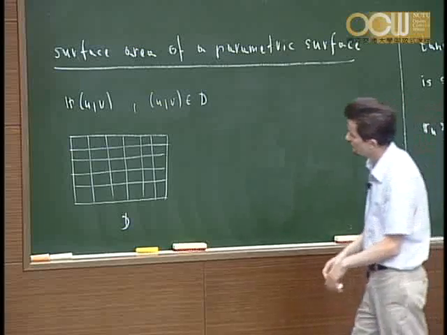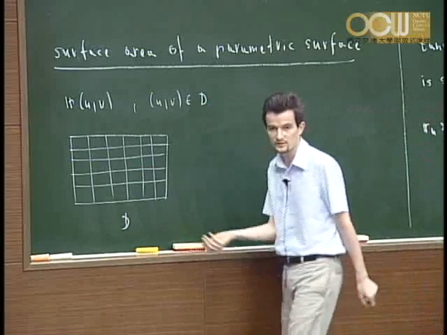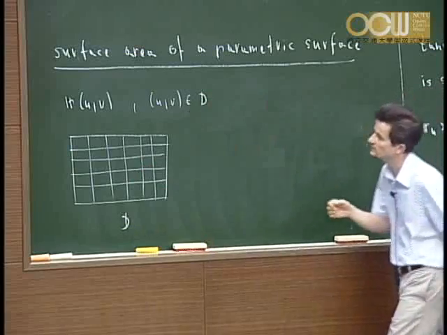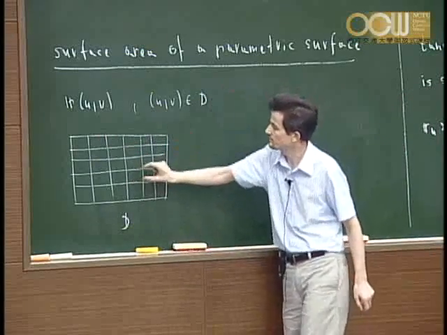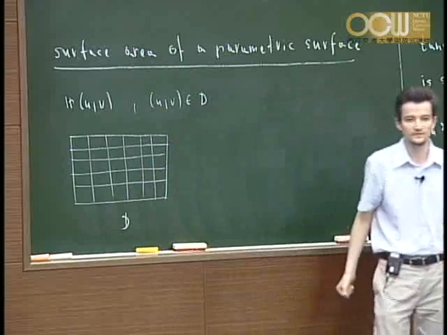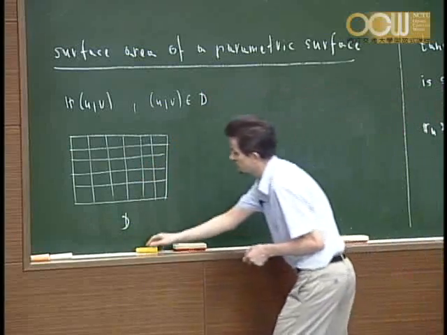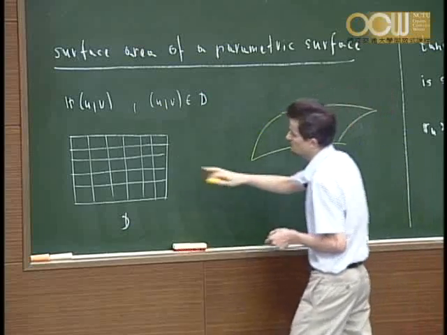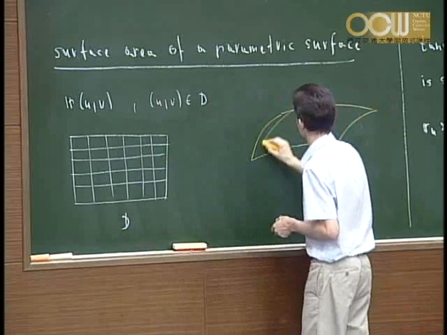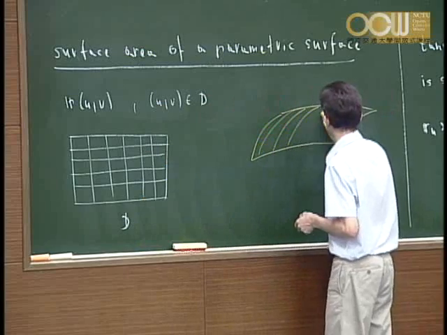Then one of those rectangles you can lift up onto the surface using the parametric equations. This subdivision gives you a corresponding subdivision on the surface.